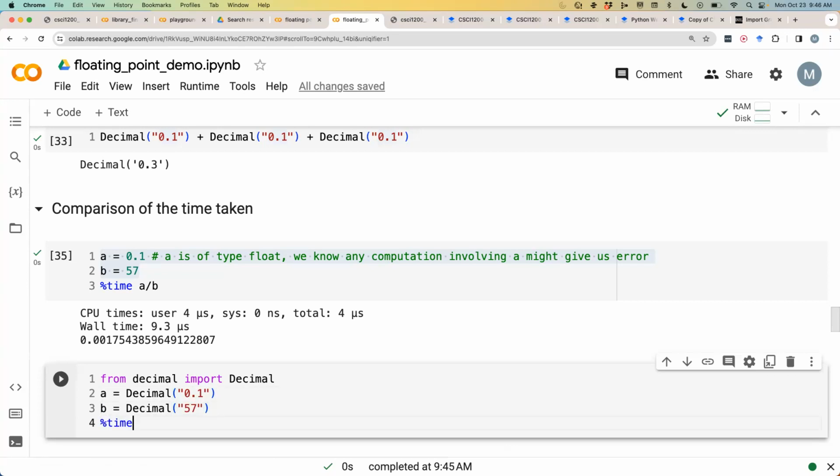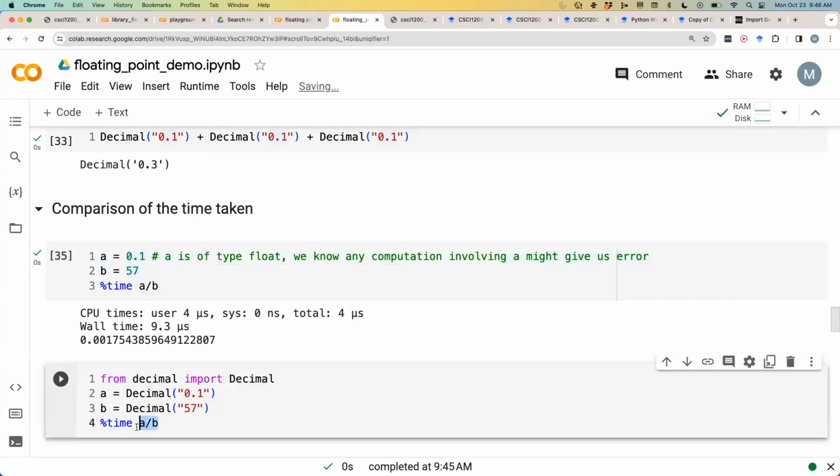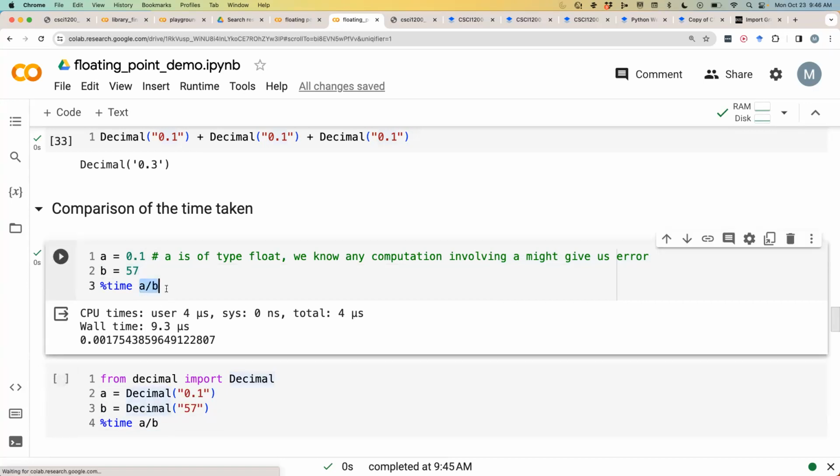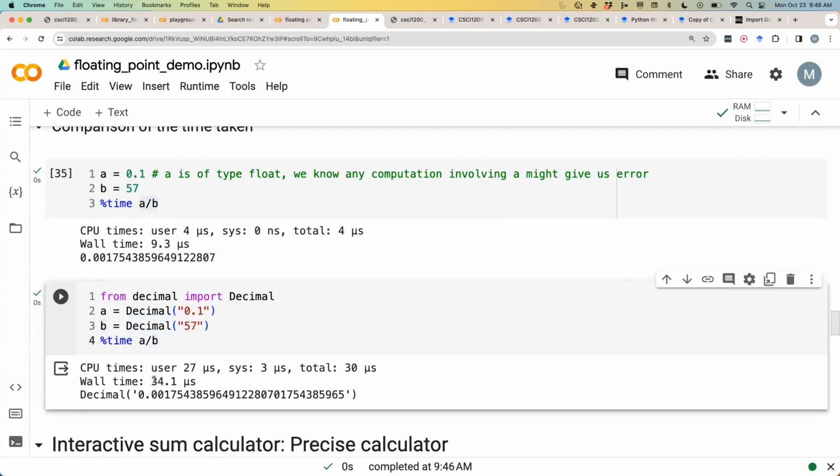And now let's do the computation, a over b. It's the same computation, except that now a and b are of type decimal. Previously, a and b were of type float. We're going to time how long it takes. You can see that it takes 34.1 milliseconds.